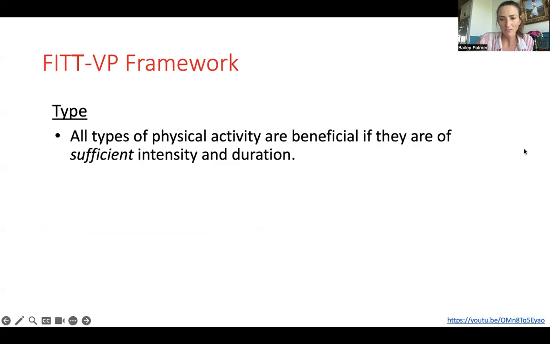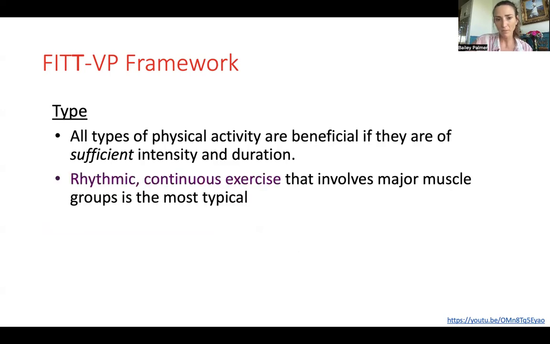All right, what type of exercise are we doing? All types of physical activity are beneficial if they are of sufficient intensity and duration. So if we are meeting that 150 to 300 minutes of moderate intensity or 75 to 150 of vigorous, it should be sufficient. But what we want to think about is rhythmic, continuous exercise of major muscle groups, most typical.